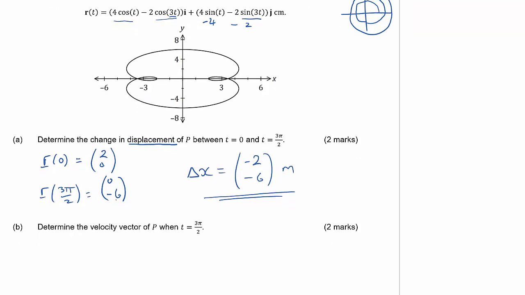Okay, so now we want to determine the velocity vector of p when t is 3 pi by 2. So to get v of t, we're going to differentiate.